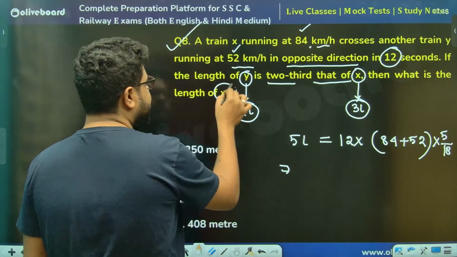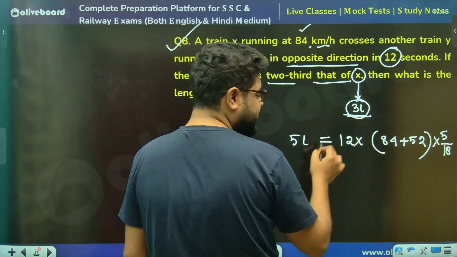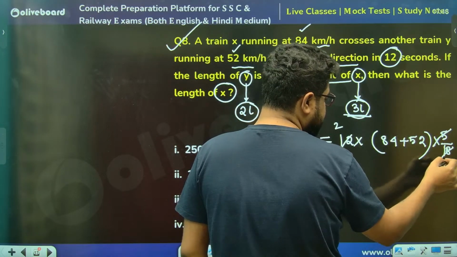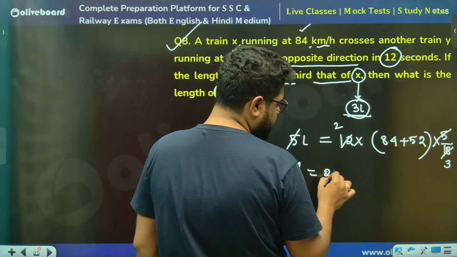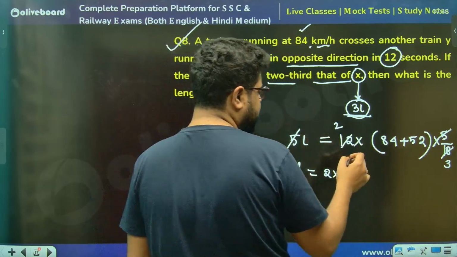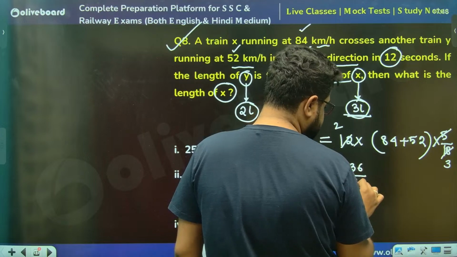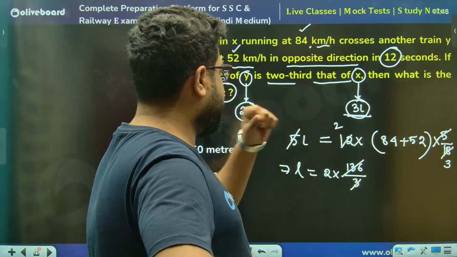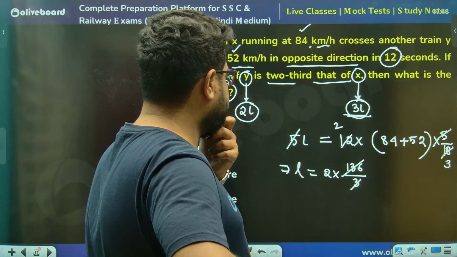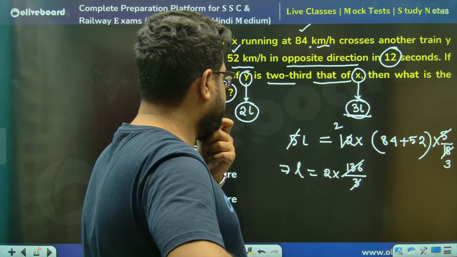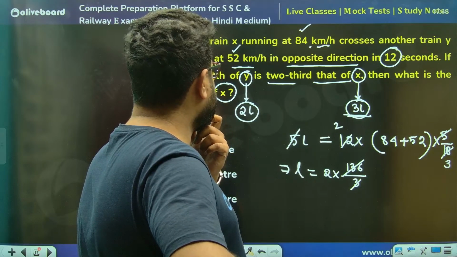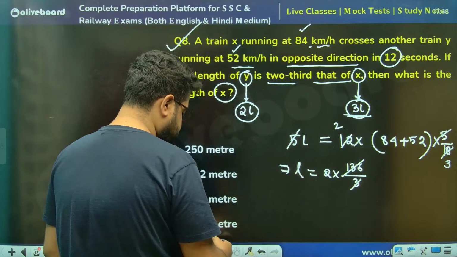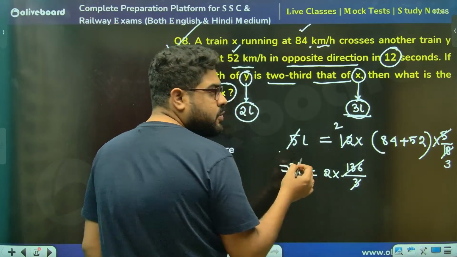They're asking the length of X, meaning the value of 3L. Sir, let's first find L. 6 2s, 6 3s. That means L is 2 into, this is how much? 8 and 5, 13, 136, right? By 3. Sorry, we need 3L, so let's find 3L directly.